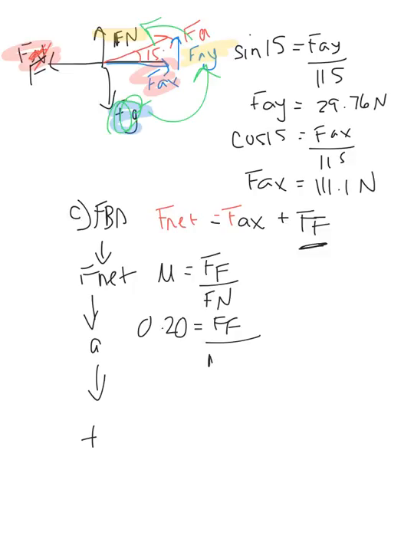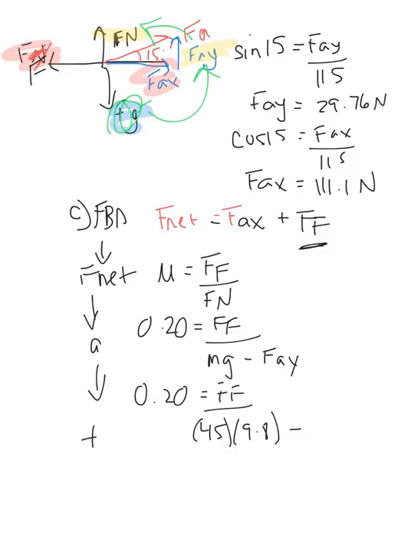So we're going to have to do FG, which is mg, subtract FAY, and that will give us our FN number. So 0.20 equals FF over our mass of 45 times 9.8, and we're going to subtract FAY.